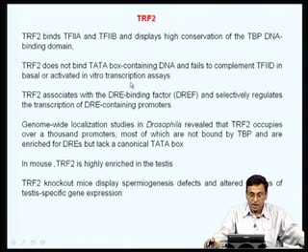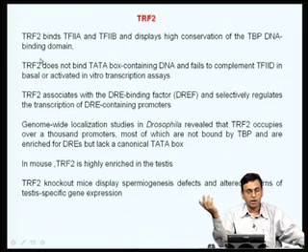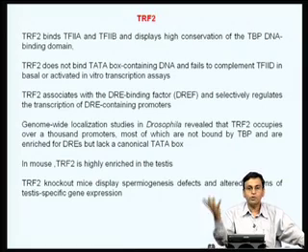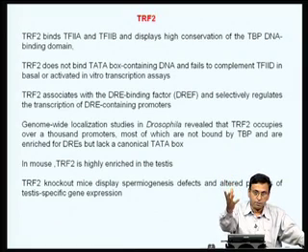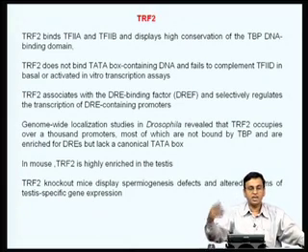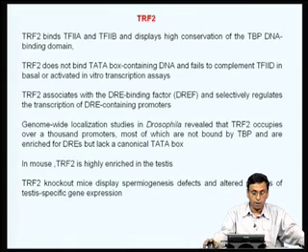The reason it cannot substitute for TBP in the TFIID complex is that TRF2 cannot bind to the TATA sequence. Now, the job of TFIID is to activate transcription from TATA box containing promoters, but TRF2 cannot bind the TATA box and therefore cannot substitute for TBP in a TFIID complex.